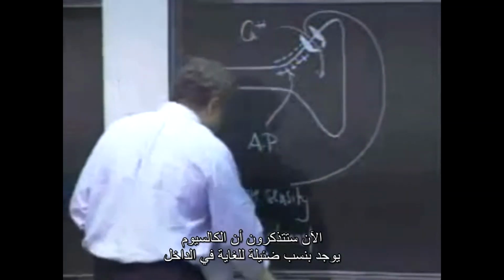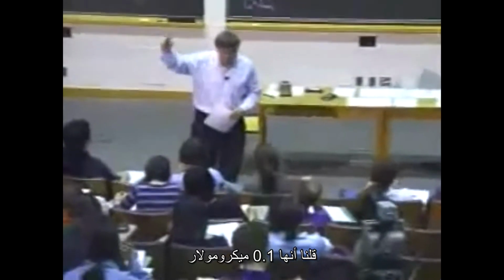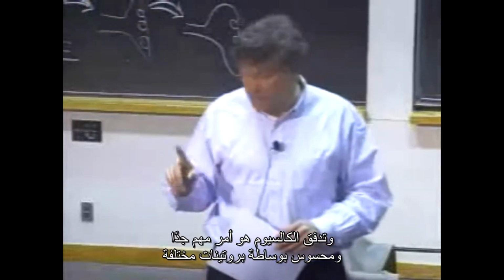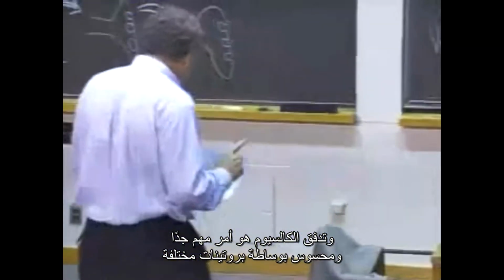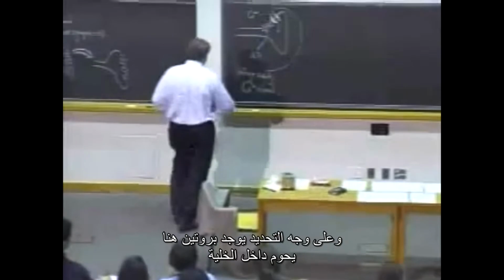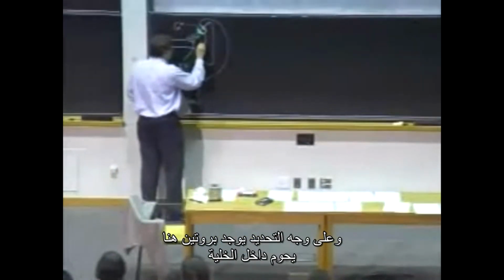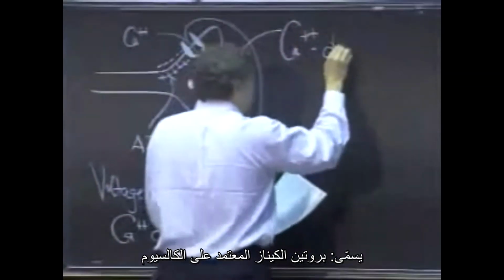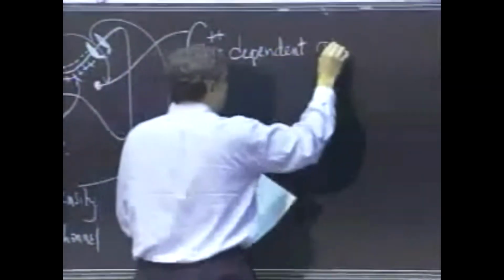Now, calcium, you'll recall, was at vanishingly small traces inside, 0.1 micromolar, we said. An influx of calcium is a very serious matter, and it is sensed by a variety of proteins. In particular, there is, floating around in the cell, a protein here called a calcium-dependent protein kinase.